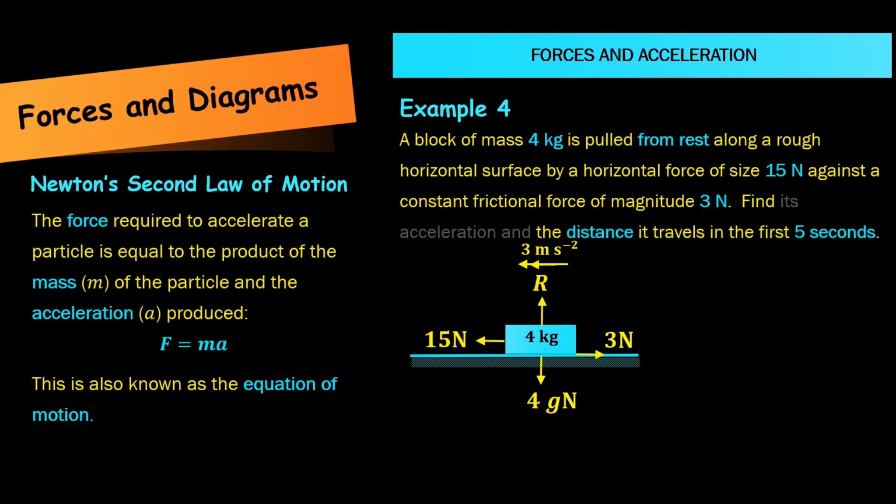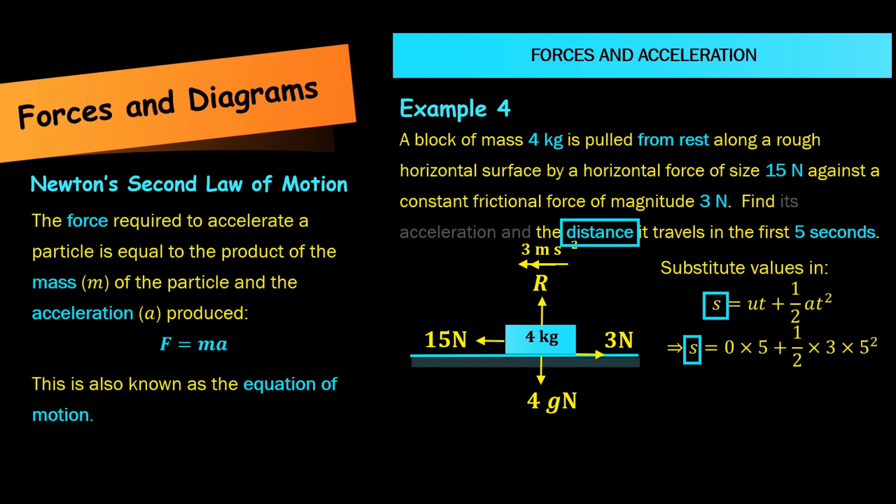We're next required to find the distance the mass travels in the first 5 seconds. So let's substitute the values in this formula, s equals ut plus a half at squared. We're required to find distance.